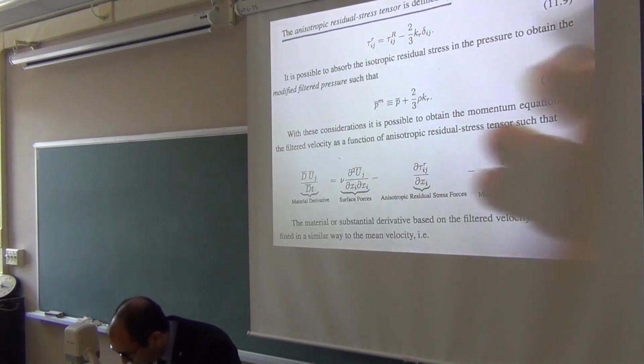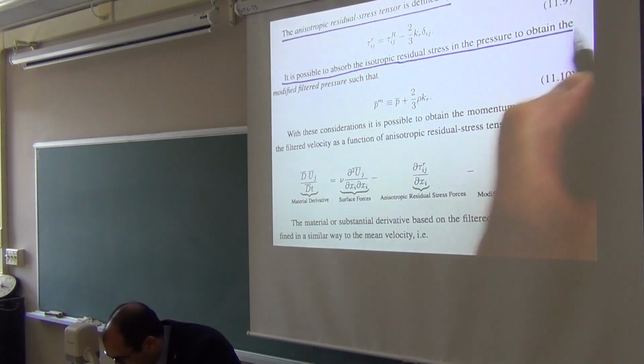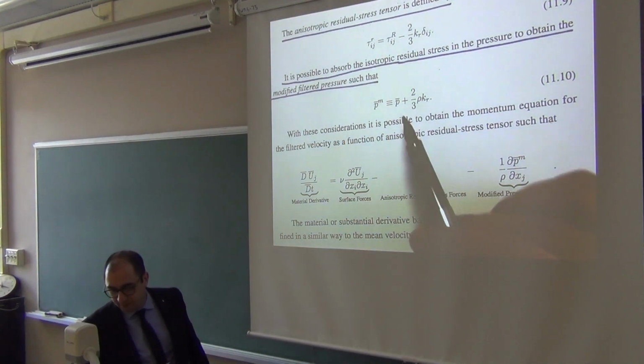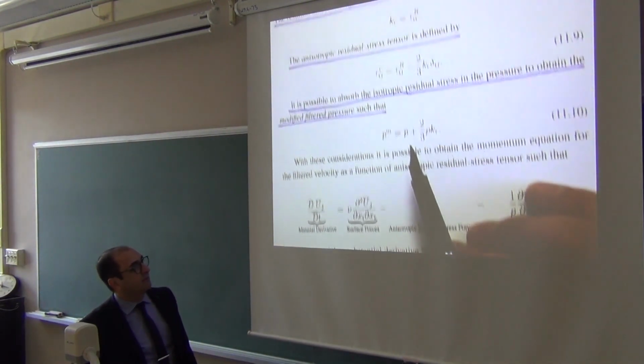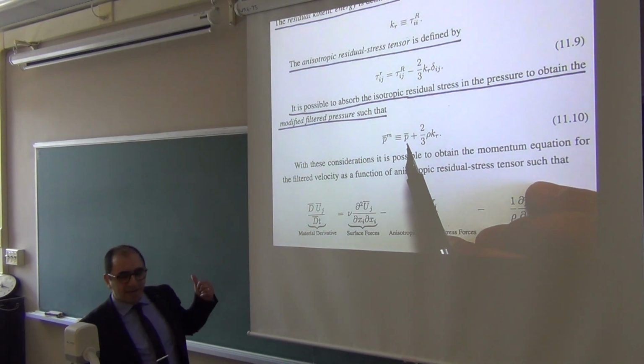And as usual, I absorb the isotropic residual stress in the pressure, and instead of pressure, I get a modified filtered pressure. Again, we did this in chapter 4. Here was the filtered pressure, or back there it was the ensemble average pressure.